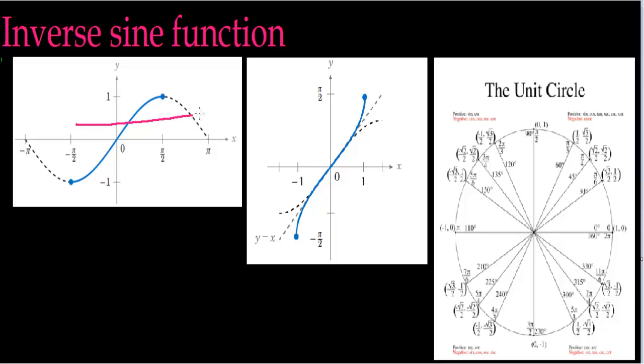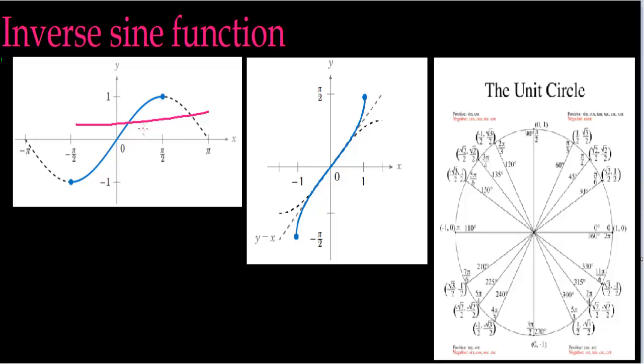Notice that the horizontal line hits the graph more than once, so we say that this fails the horizontal line test. And if I had more cycles, this horizontal line would hit the graph many, many times. Since this fails the horizontal line test, that tells me that this function's inverse is not a function.